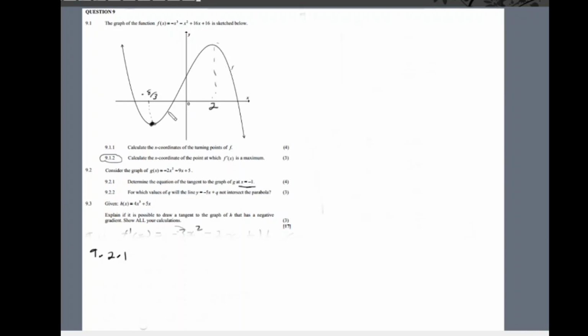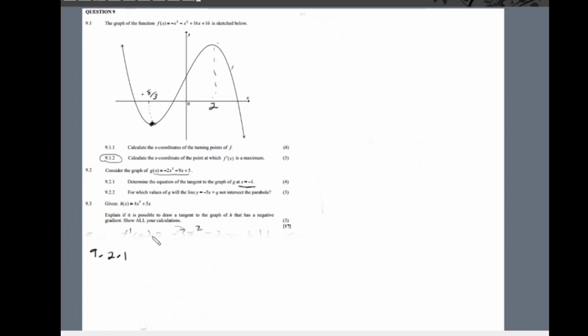So at x equals minus 1, the gradient of the function should correspond to the gradient of a tangent that is passing through that point, right? I hope that makes sense. So we want the gradient of this function at x equals minus 1.